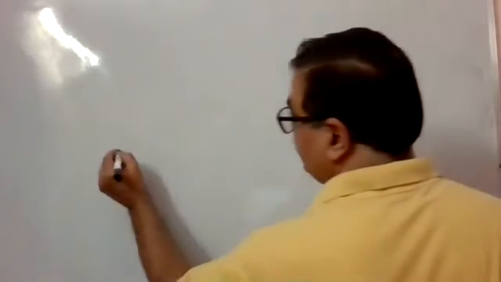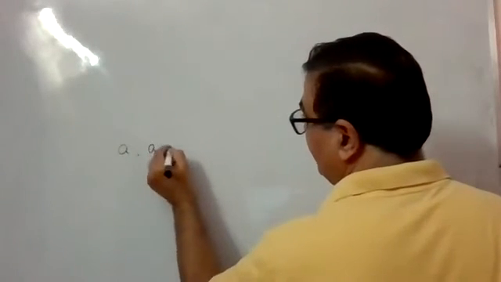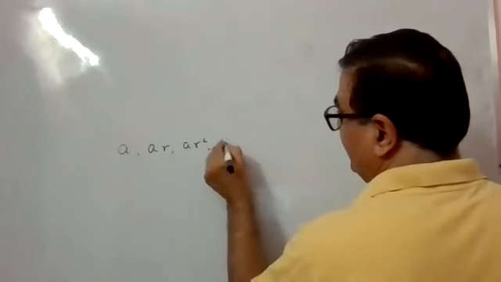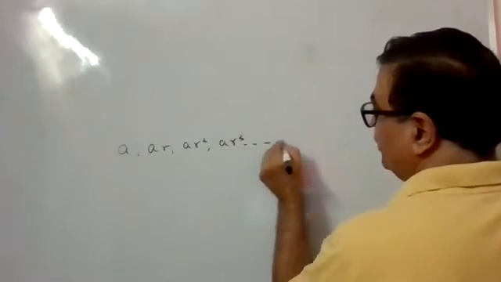What it says, just check here. AR square, AR cube, and so on we have.